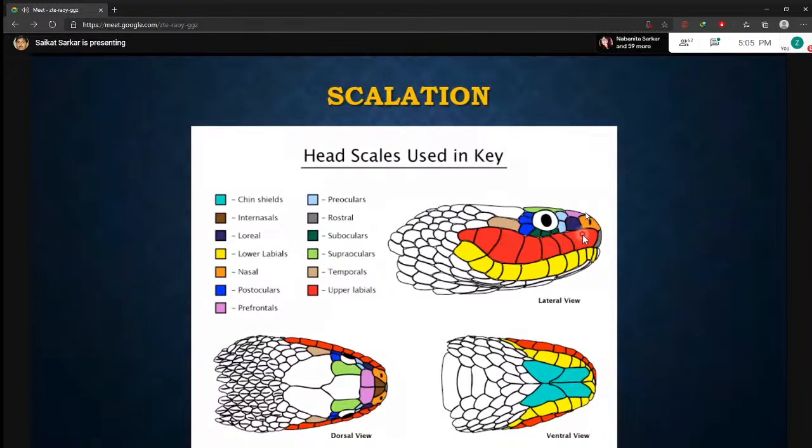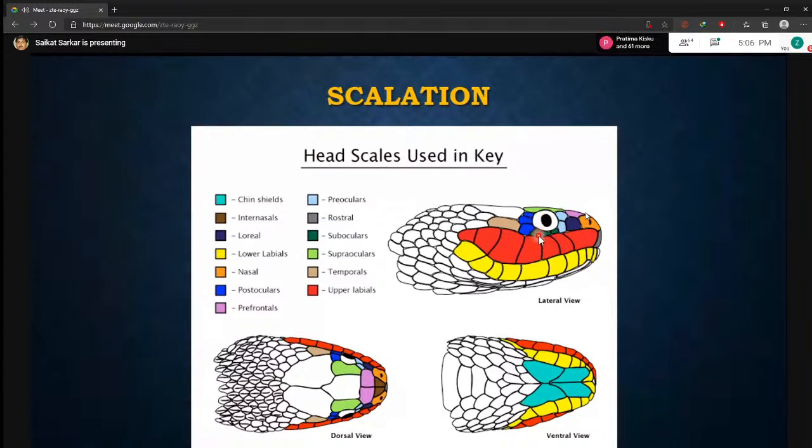Okay, now this is the eye. So this is the eye or ocular region. So these two will be preocular, and these three will be postocular. The light blue one preocular, these are postocular, and this is supraocular, and these three are infraocular.